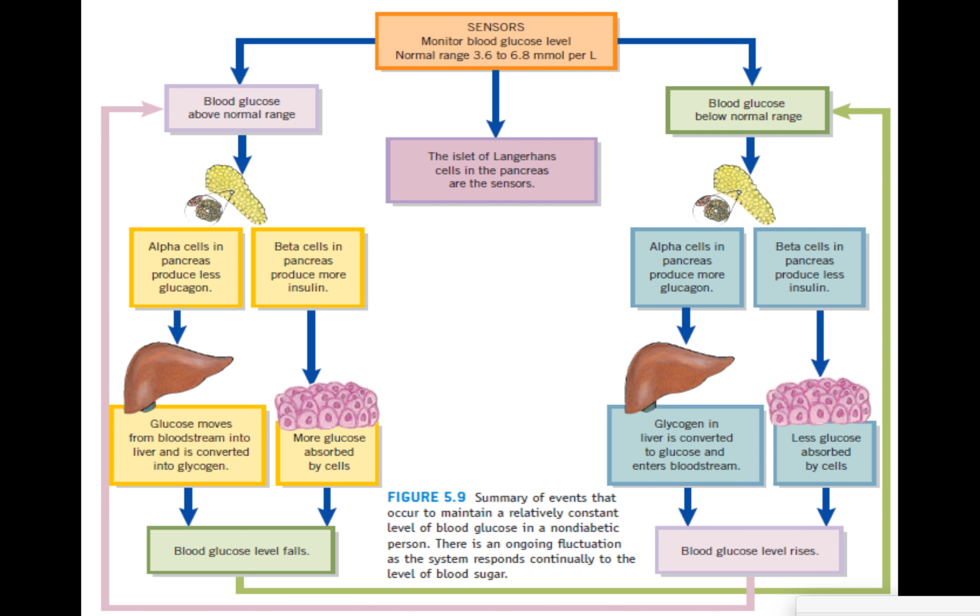This is going to trigger a release of the hormone glucagon, which is going to hopefully get my effector, in this case the liver, to respond. The response it's going to trigger is to convert the glycogen in the liver to glucose that should go into my bloodstream, and with any luck, my blood glucose level will rise.